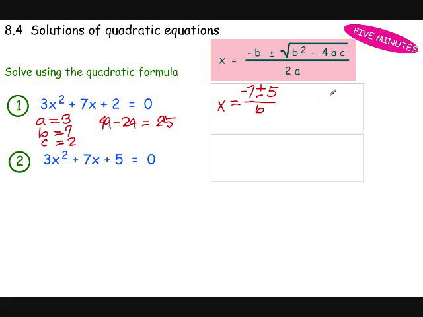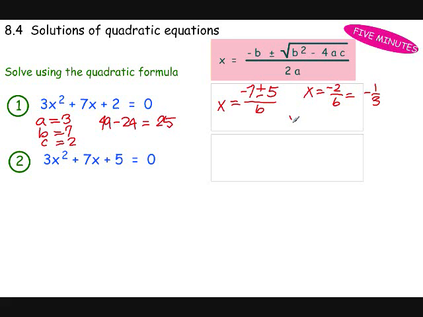Now let's look at the two possibilities here. One is that we've got negative 7 and a positive 5, so we'd have x is equal to negative 2 over 6, which would simplify to negative 1/3.